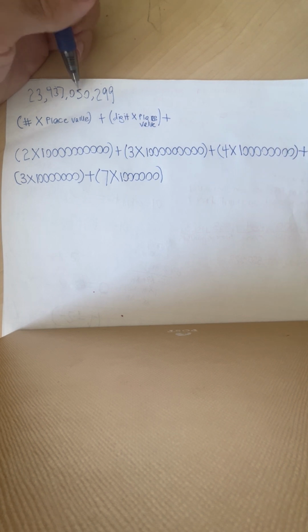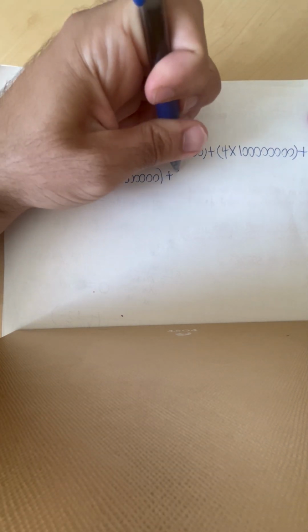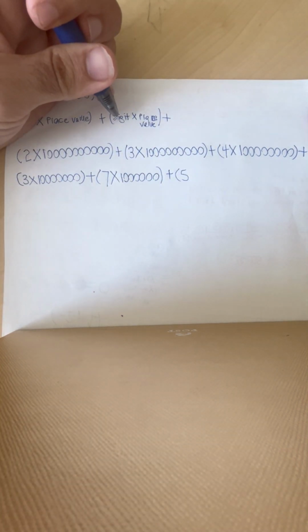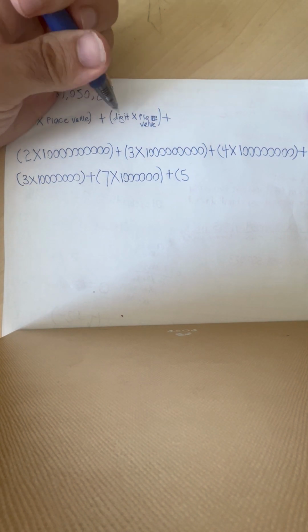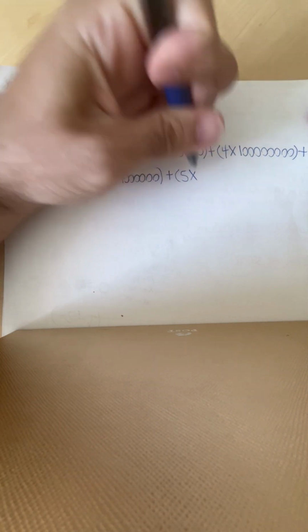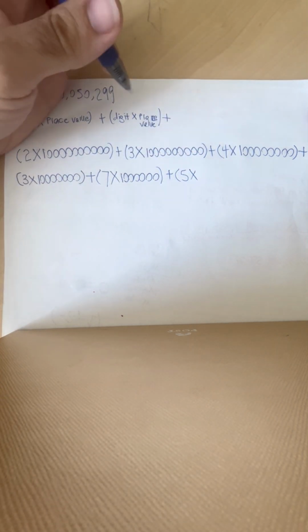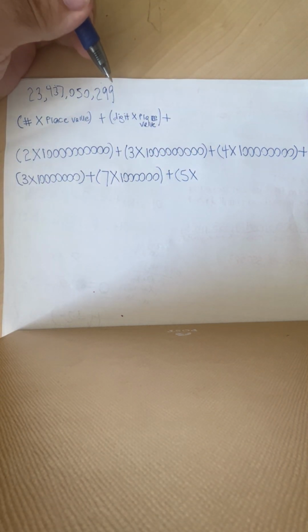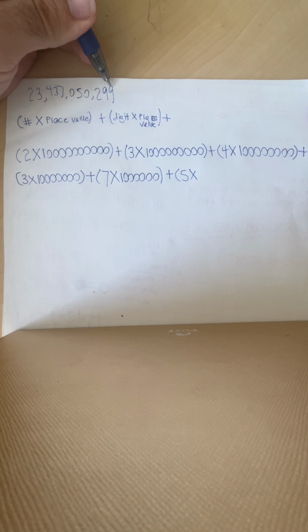5. What number do I have right here? I have a 5, so I'm going to write 5, because the formula says digit times place value. The digit is 5. Need an x. What's the place value of this 5 right here? Starting from here, ones, tens, hundreds, thousands, 10,000s.